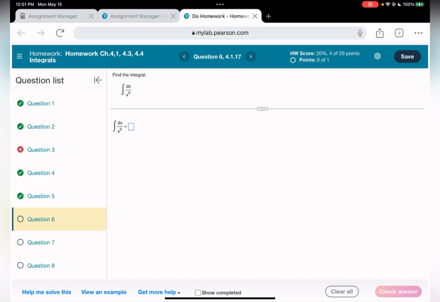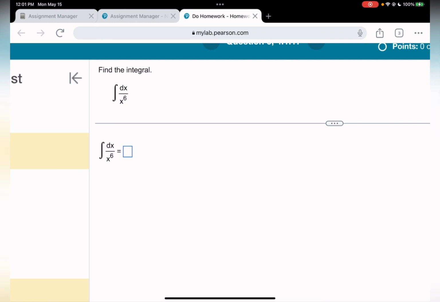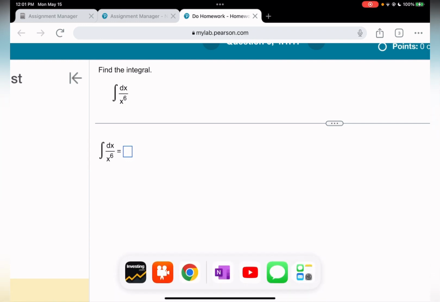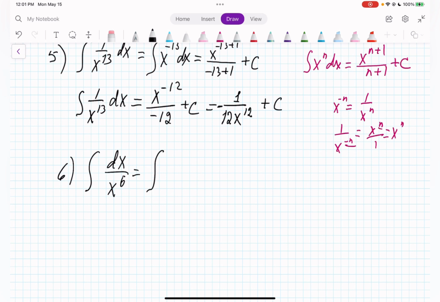All right. So we have the integral of dx by x to the power 6, which is the same thing. I am rewriting it as 1 over x to the power 6 dx, right? So this is equal to the integral of x to the power negative 6 dx.